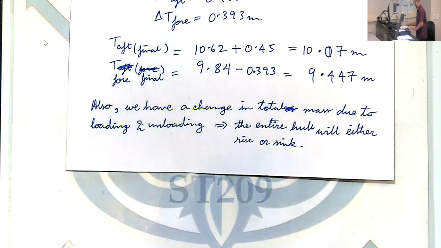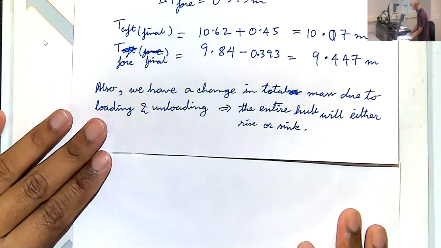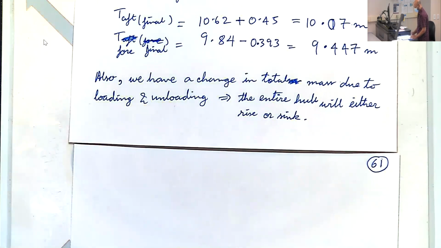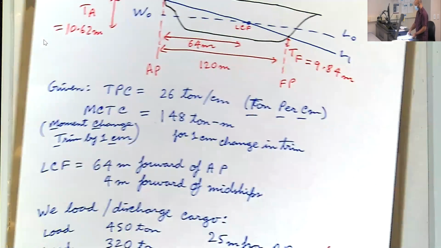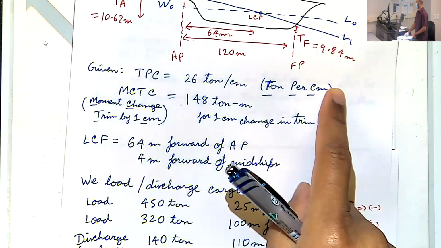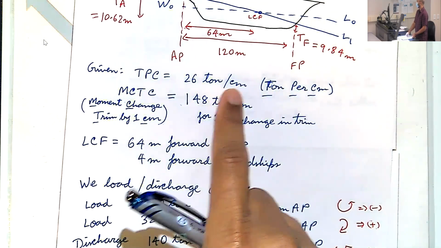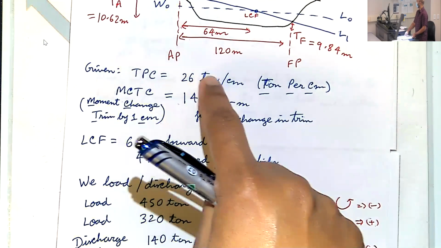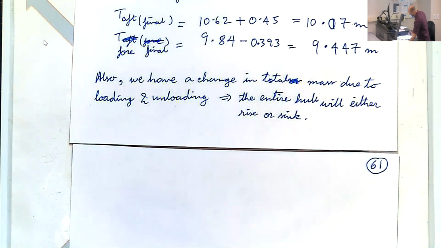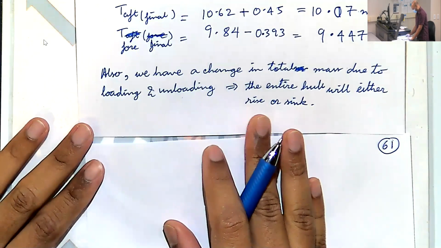And exactly how much can be calculated using TPC, tons per centimeter. If we know we added an extra 26 tons, my whole hull will sink down 1 centimeter. So we will use that value.